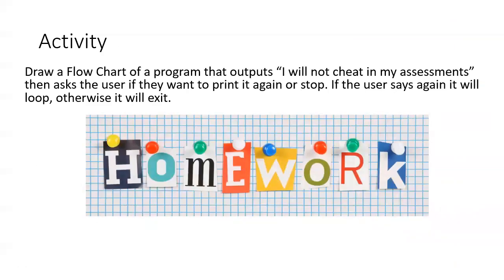We've got an example here, which is the one about cheating on my assignments. What we're going to do is an output: I will not, whatever. And then we ask them if they want to continue.